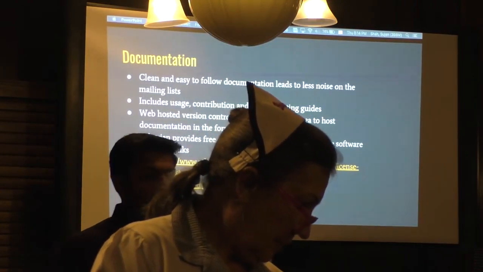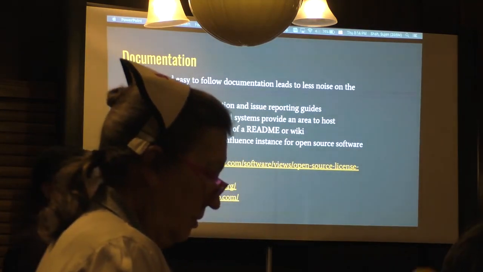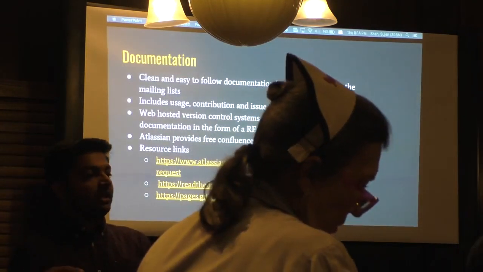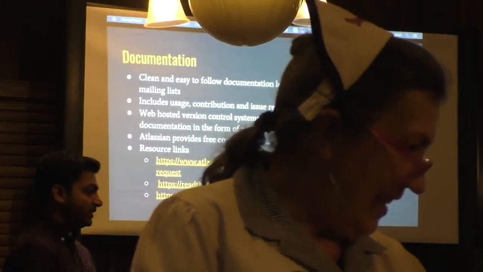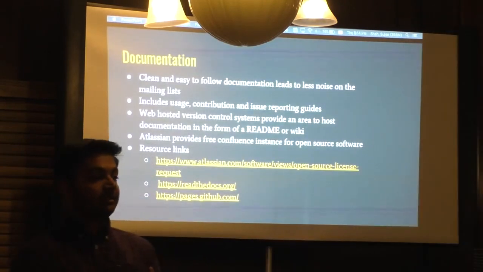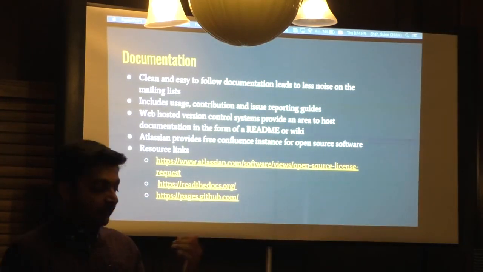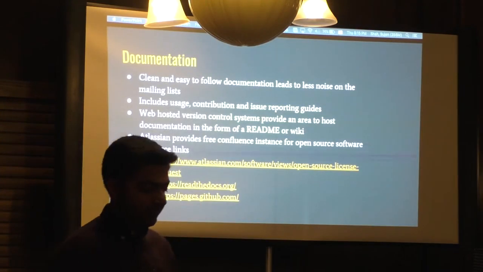There are many tools out there. If people are not aware, Atlassian provides free Confluence and Jira instances if you apply for their open source licenses. So that's something you should make use of, and that's something I've been using pretty much regularly now. And there are other automated doc generation tools which people might be aware of.